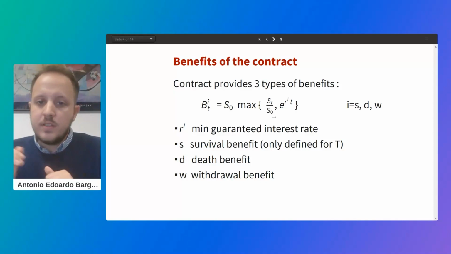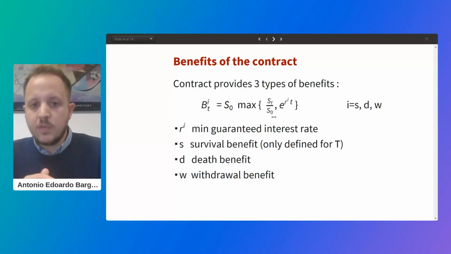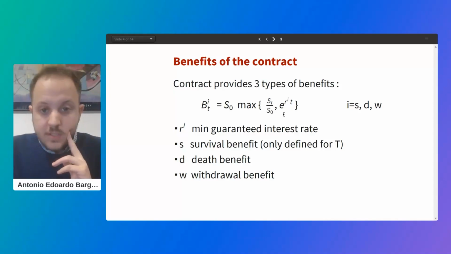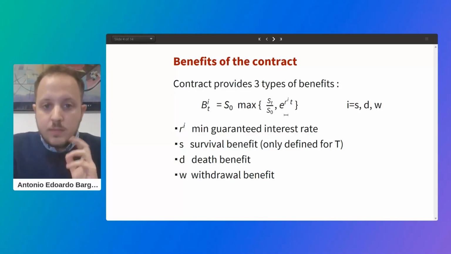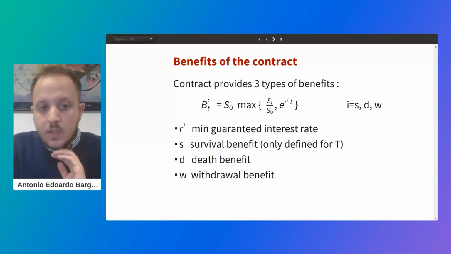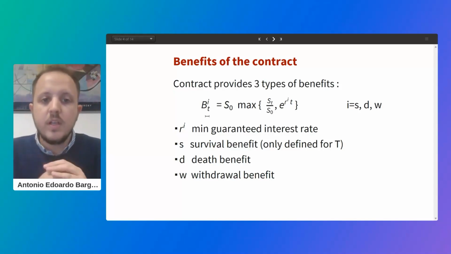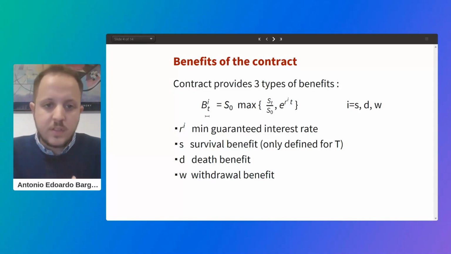But since this contract depends on the performance of something that can be very volatile, we also have a minimum guarantee, represented by this quantity here, which is linked to the minimum guarantee interest rate, R of i. Clearly, in the case of survival, these benefits will be received only at time big T, because only if the policyholder survives do we receive the benefits in case of survival.